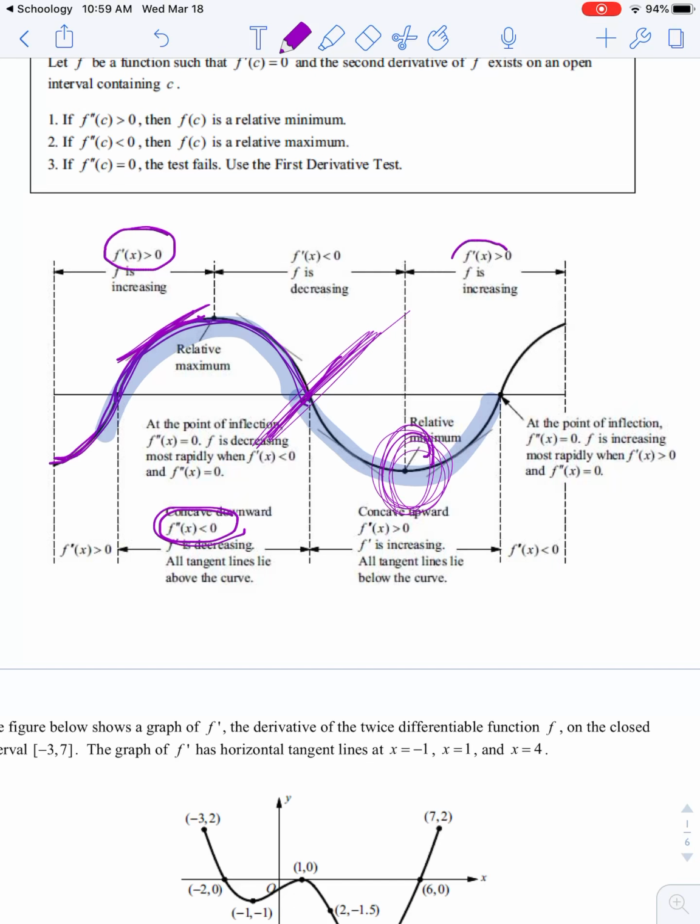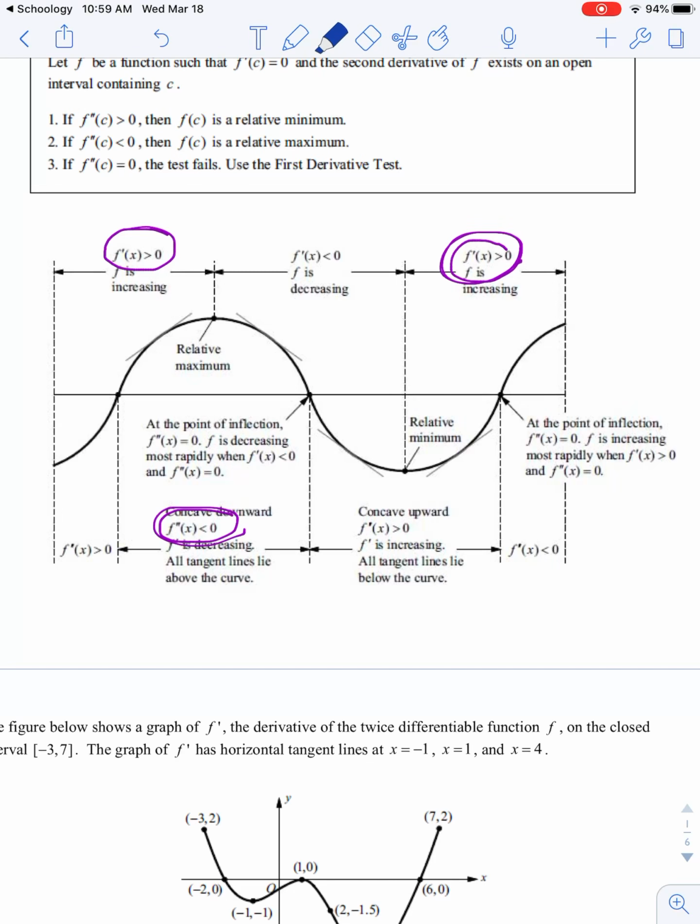So again, if we look at this little part over here, f, the graph of the function, is increasing. That means the slope of the tangent line is positive. First derivative is positive. In this case, it's holding water, it's concave up, so the second derivative is positive.